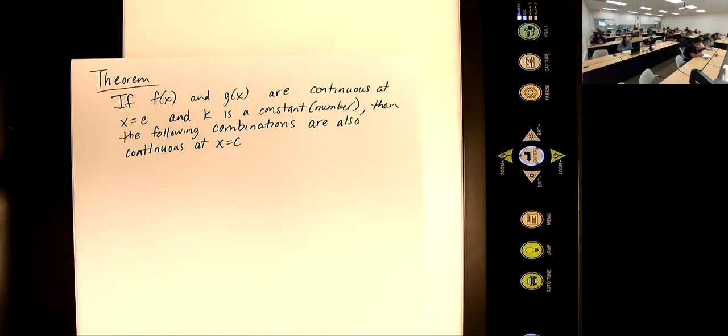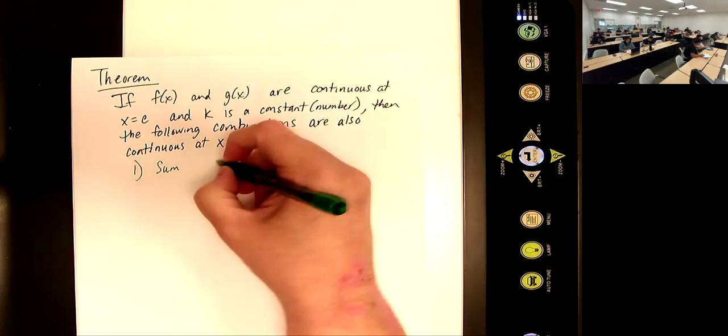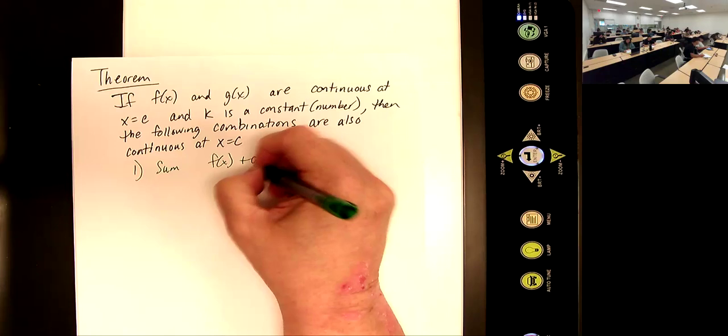This is a bunch of algebra stuff. Sum: f of x plus g of x is continuous at c.